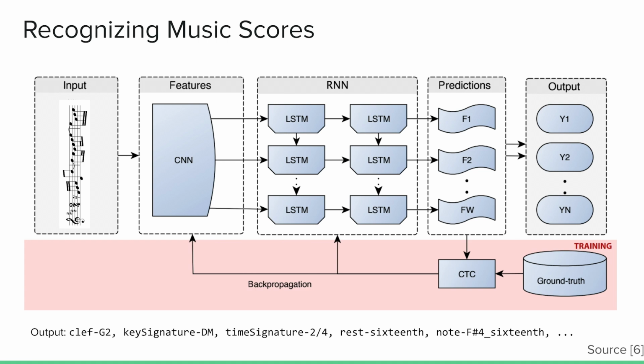You produce predictions, and that should be your translation. So for this example, I mean, it's flipped now, but you can see a G clef here, and then certain key signatures, time signatures, and then the actual notes. And the network learns to predict this sequence from that image.